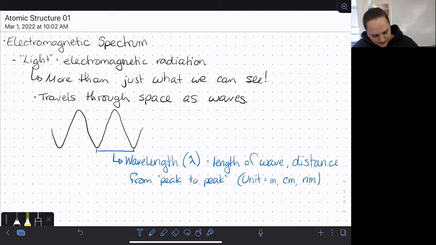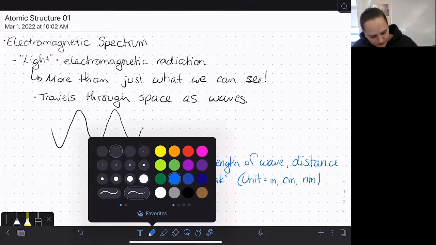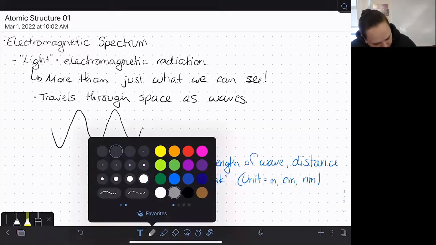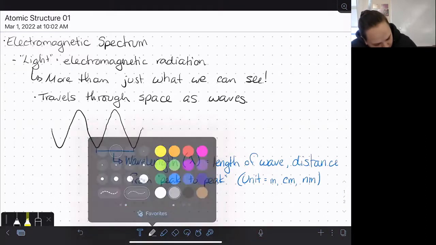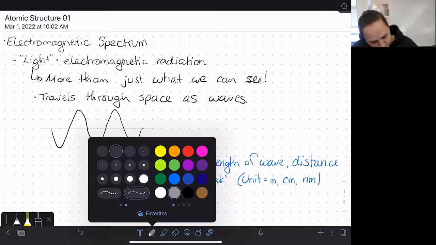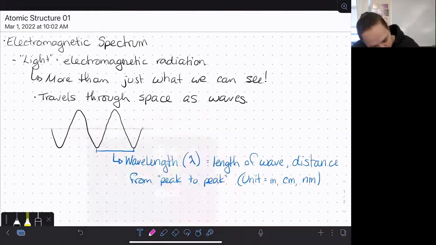We also have what's known as the amplitude. So if we imagine that there is a midline running down our wave here, it's not actually part of the wave, but just imagining that this oscillation is happening around some middle point. The height of our wave from that midpoint to the peak is known as the amplitude.